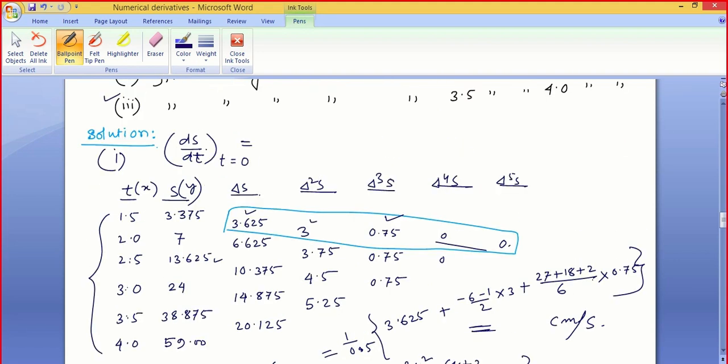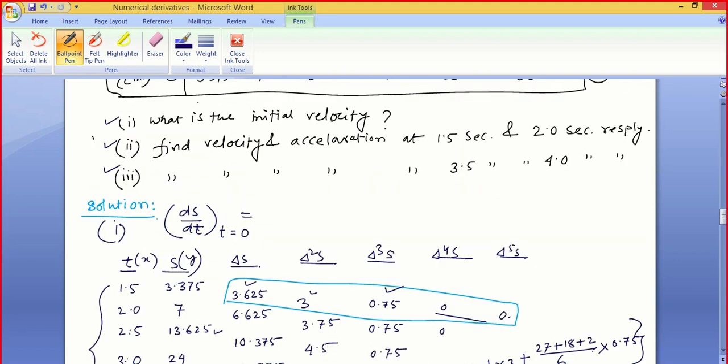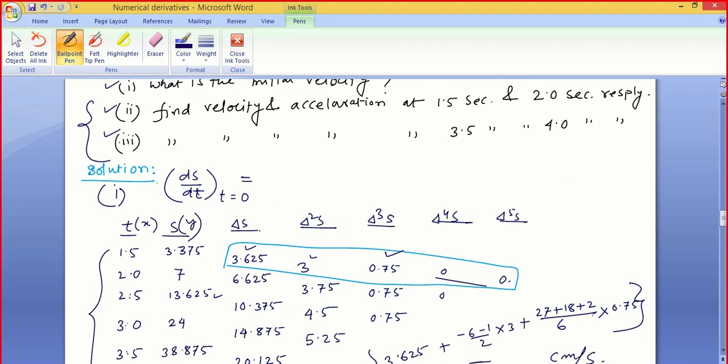Now, that nice formula you have to use for these two questions, which derived formula we have used. For the second question, which is asking you to find the velocity and acceleration at 1.5 second. 1.5 second means at initial point, first derivative and second derivative.